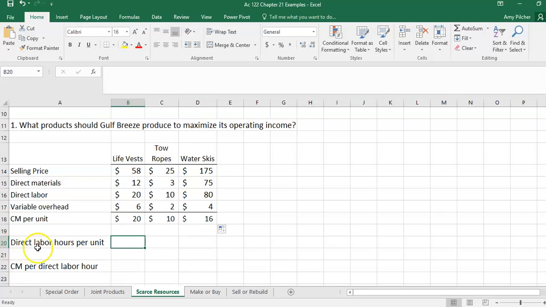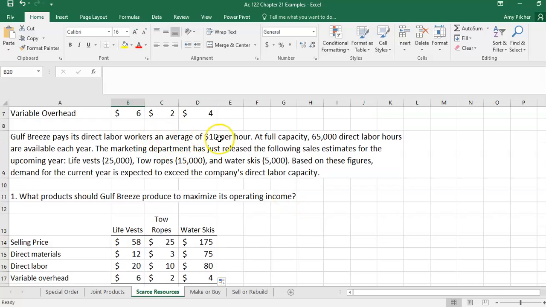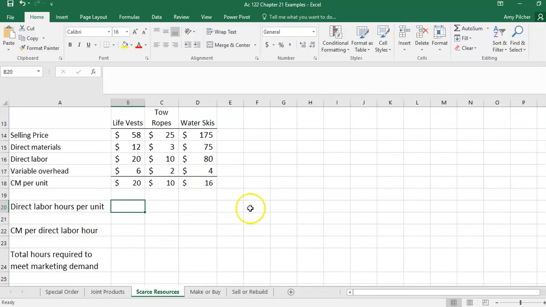The next thing we want to know is what are our direct labor hours per unit for production? So we see that we have an average of $10 per hour that we pay our employees. So for life vests, $20 total cost divided by $10 an hour, this takes 2 hours to produce. And for tow ropes, we have a cost of $10 divided by $10 an hour gives us 1 hour of production.